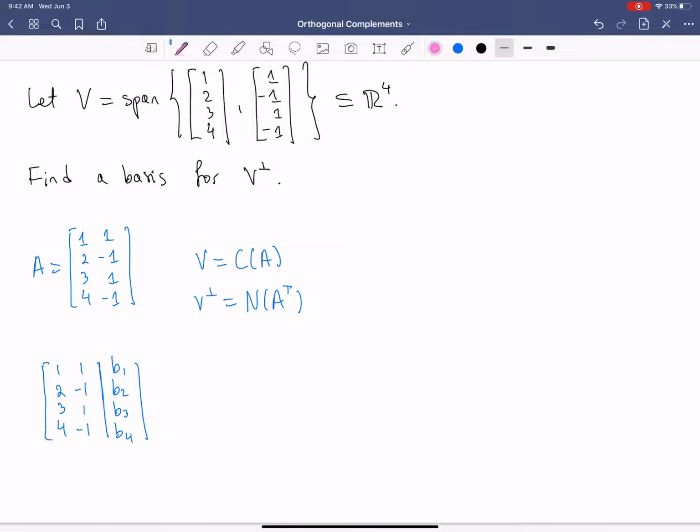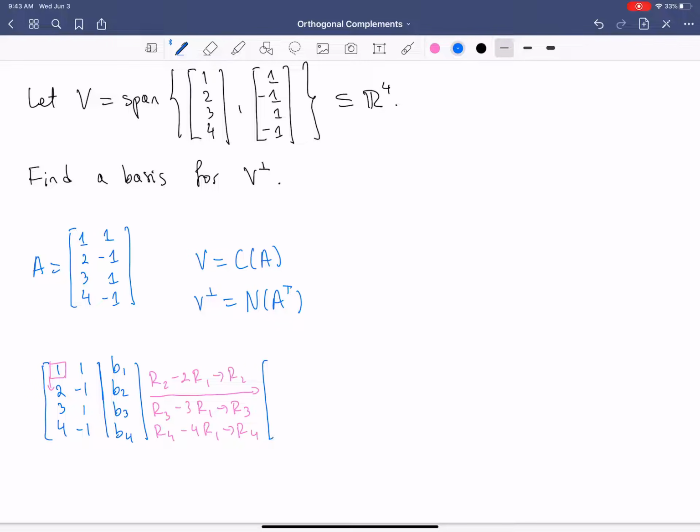So the first elimination step is with the first pivot. It says R2 minus 2R1 into R2. R3 minus 3R1 into R3. R4 minus 4R1 into R4.